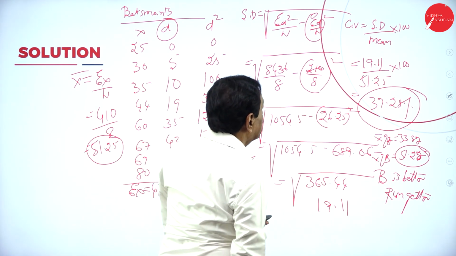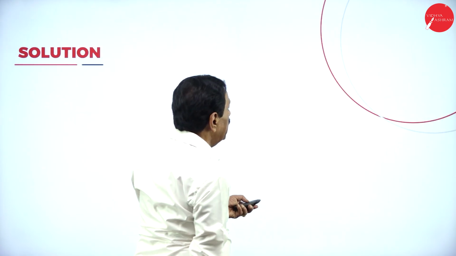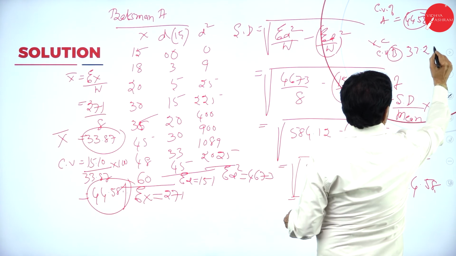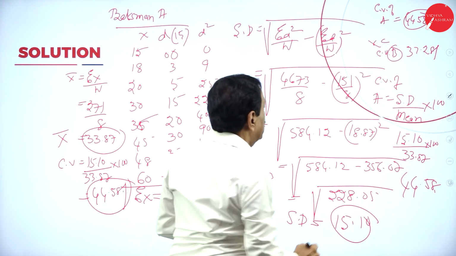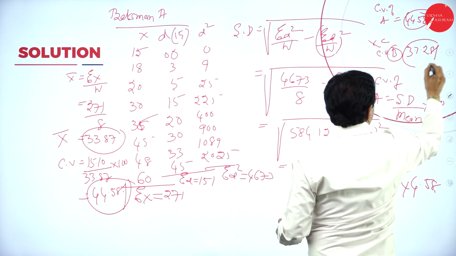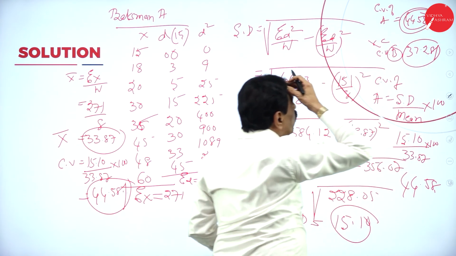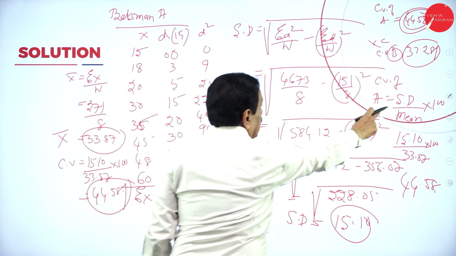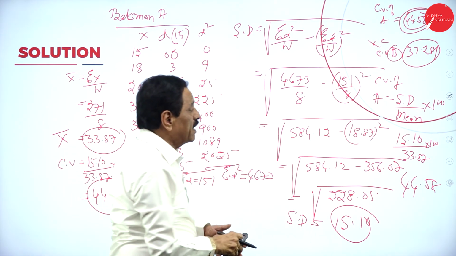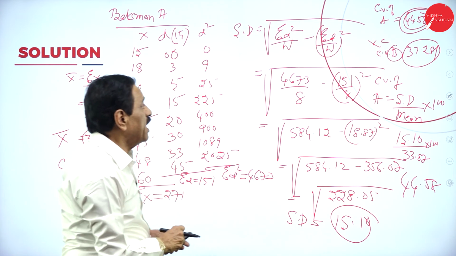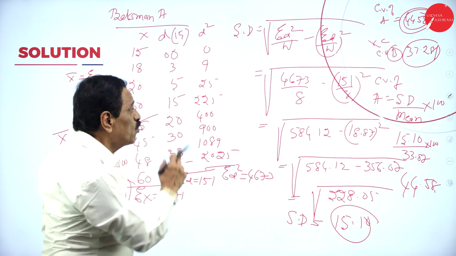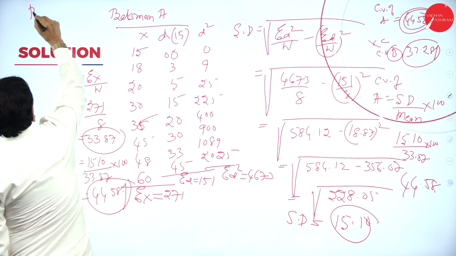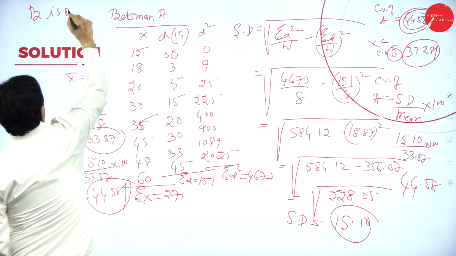CV of B is 37.28%. Whose CV is less? B's CV is less than A. B is 37.28, A is 44.58. Whose CV is less? B. B is more consistent.